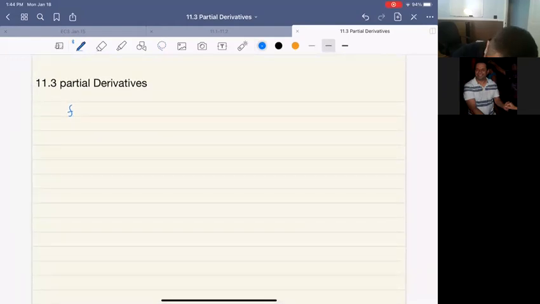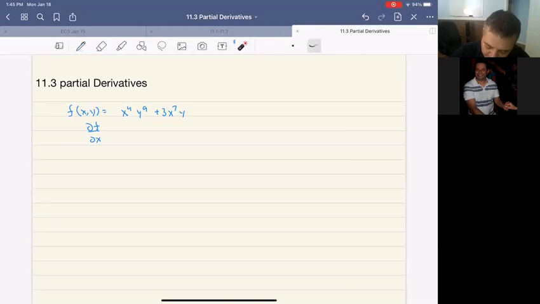So let's say we have f of x y equals x to the fourth, y to the ninth, plus 3x to the seventh, y. We could take the derivative of f with respect to x. So these little things, these partials, mean that we're just taking the derivative with respect to x, treating the y as constant.